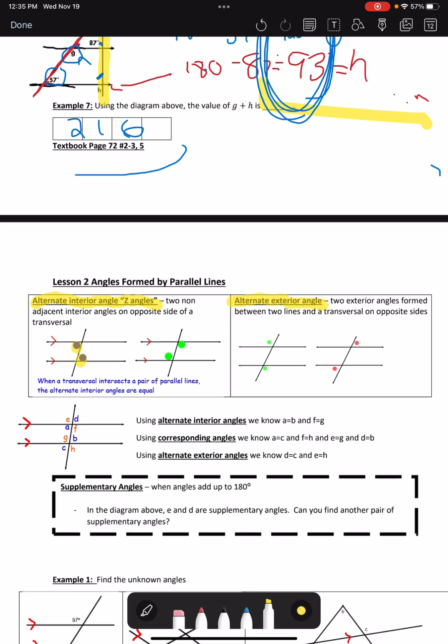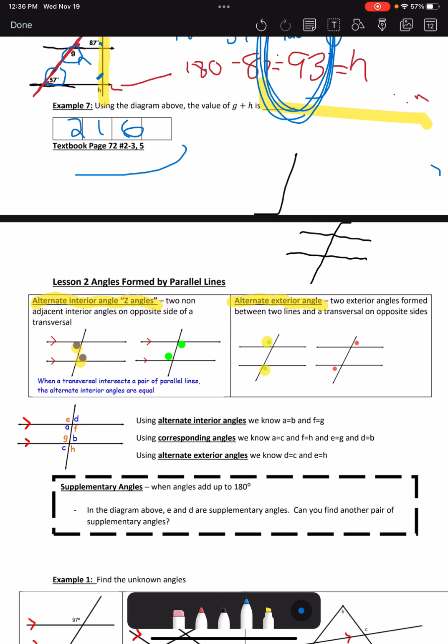Alternate exterior angles are going to be exterior angles, so outside of that transversal intersecting with the parallel lines. Alternate means like opposite sides. So we have exterior angles, and I'm just going to draw you a picture here, which we learned in the last lesson. So here's exterior angles.